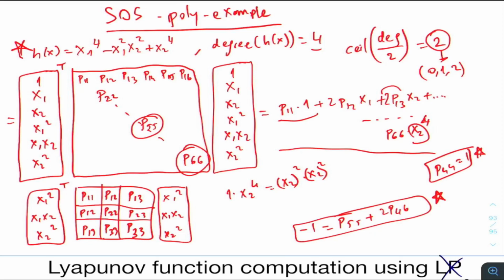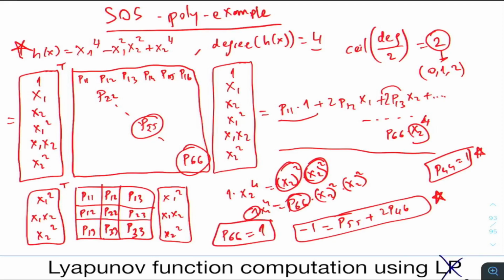And what is the matrix entry that corresponds to those terms? x2 squared, meaning, what is the index number? 6, right? 1 2 3 4 5 6, meaning e6, right? And again e6 must equal 1.